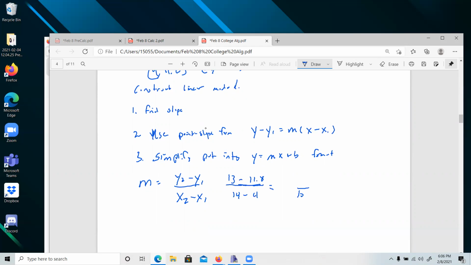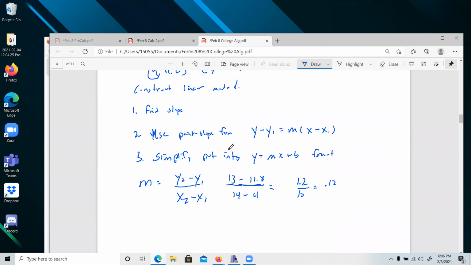Well, I could do that one in my head. That's going to be 10. If this were 12, 13 minus 12 would be 1, but that's actually 1.2. So 1.2 divided by 10 is 0.12.